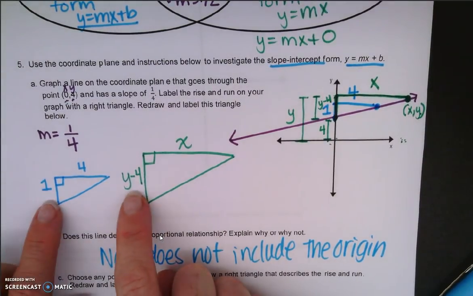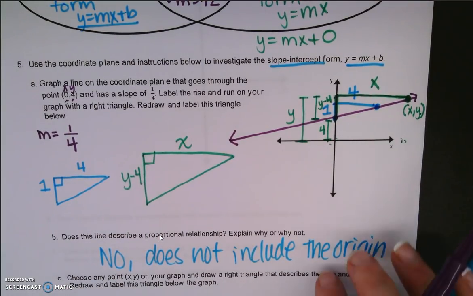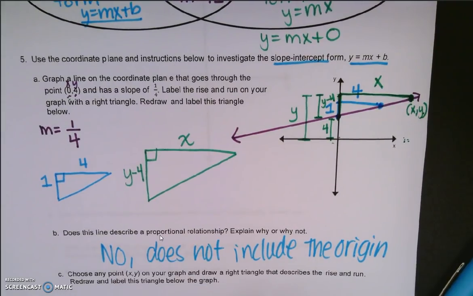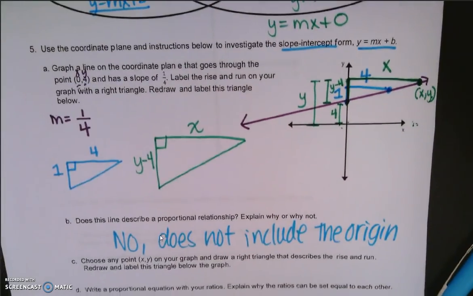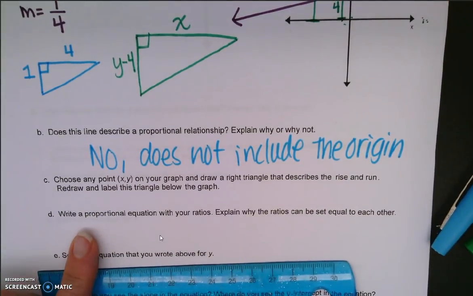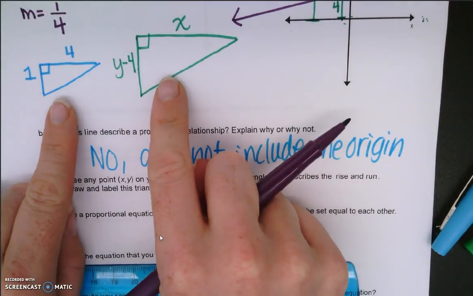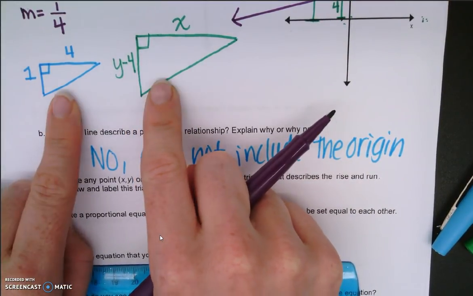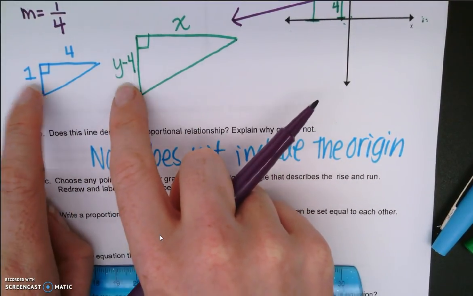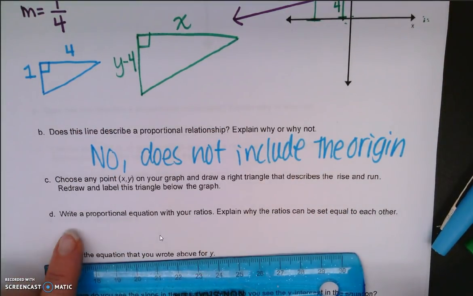That means our corresponding side lengths are proportional, which means we can write a proportional equation with our ratios. Remember, these ratios can be set equal to each other because our triangles are dilations, which means our shapes are similar, meaning our corresponding side lengths are proportional.